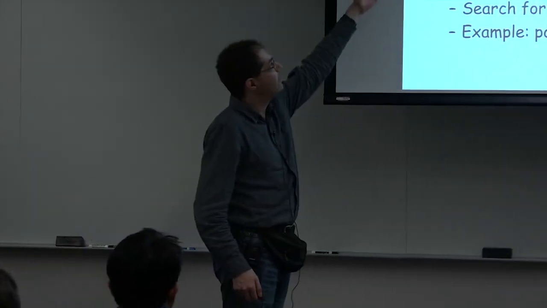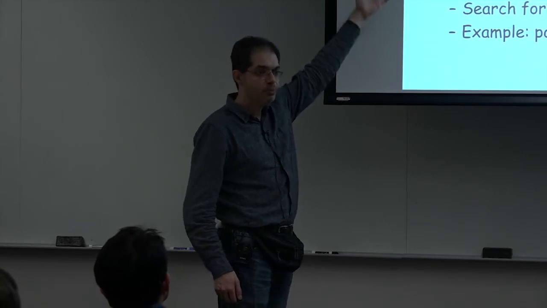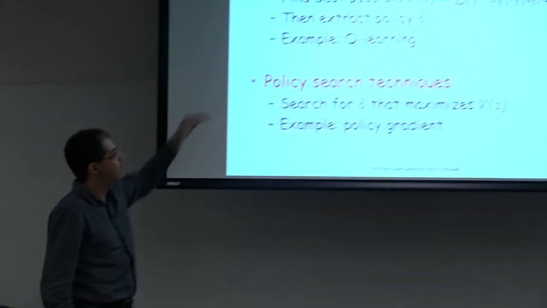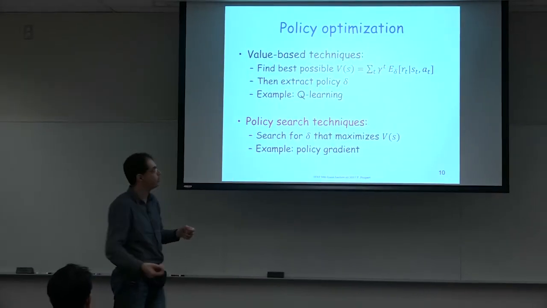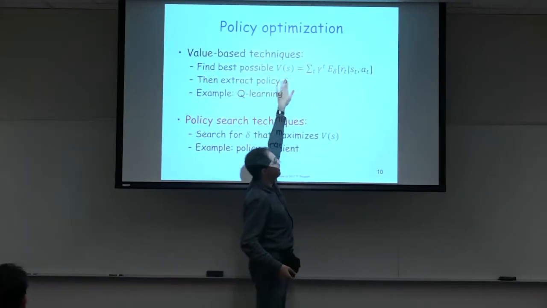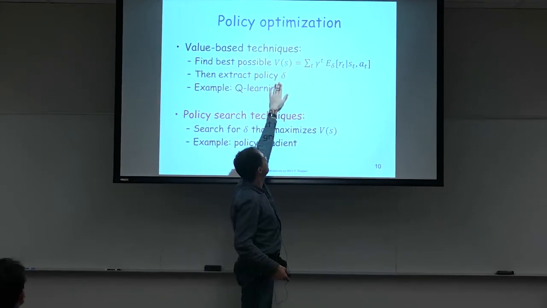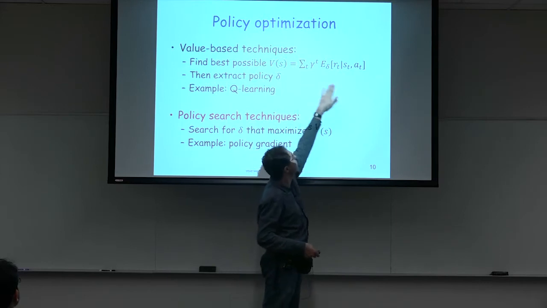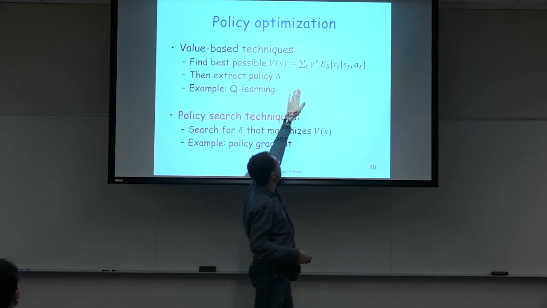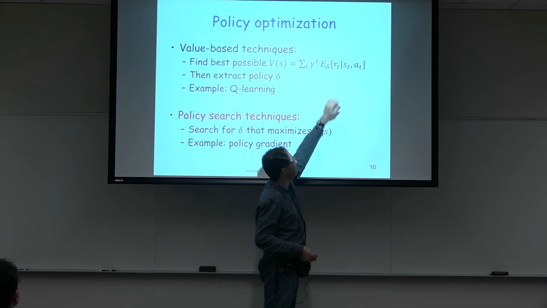The most classic techniques are what are known as value-based techniques. So the idea is that, you see, we're trying to maximize the sum of rewards. So here we can define a value function. It's a mapping from state to the sum of the rewards, where here the sum of the rewards is essentially the sum of the rewards discounted.